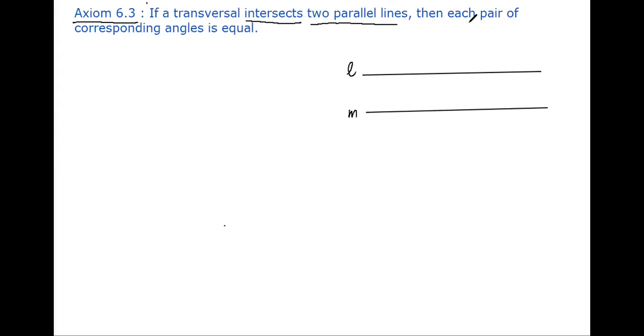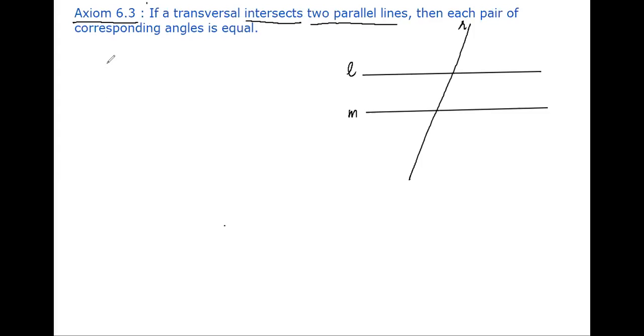Let's say we have one line and another line. Let me name these lines L and M. These are parallel lines. It's given that a transversal intersects two parallel lines. Now I draw a transversal, maybe R. This transversal is intersecting two lines L and M. It says each pair of corresponding angles is equal.